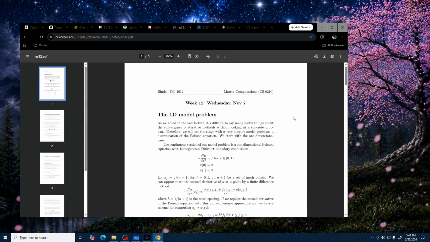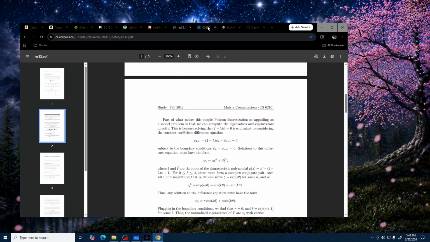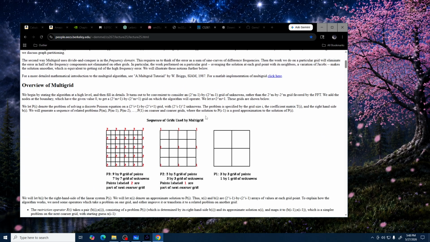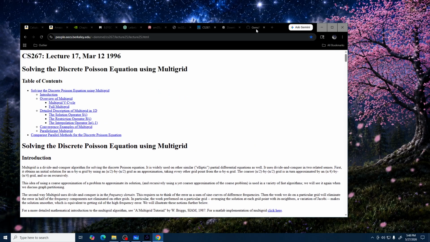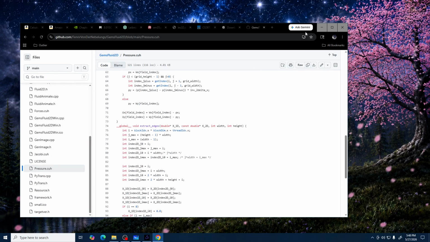And this is, I think, another matrix equation. And then this is the multigrid, which is another variant on solving the Poisson equation, but it's a way of accelerating the solution. And then, of course, this is my own code.